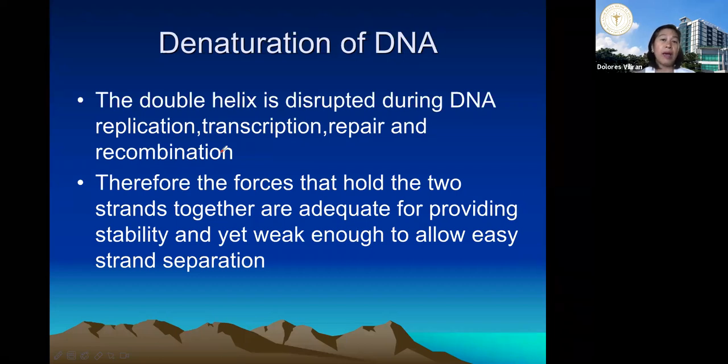But for DNA, it's a physiologic reaction, which is important during these processes: replication, transcription, and so on. Therefore, the forces that hold the two strands together are adequate for providing stability, but weak enough to allow easy strand separation.